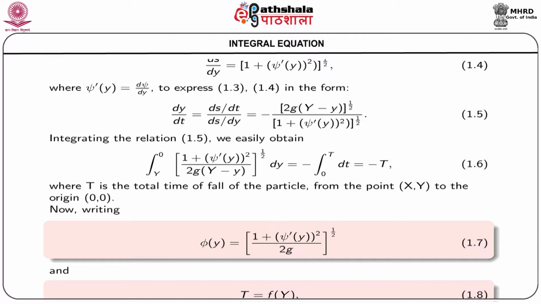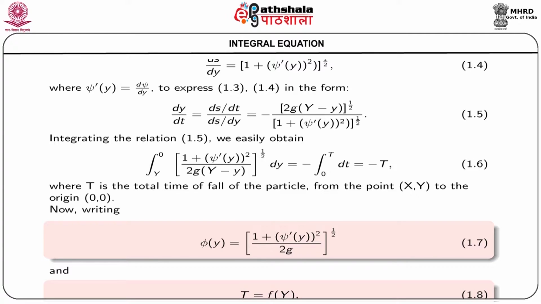Now using ds dy as given by equation 1.4 and ds dt as given by equation 1.3, we can write dy dt in the form given by equation 1.5. Now integrating dy dt, we get the relation as given in equation 1.6.